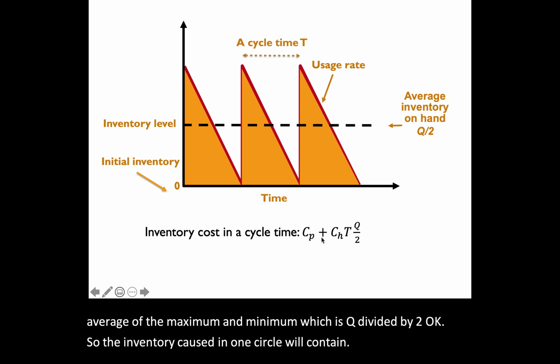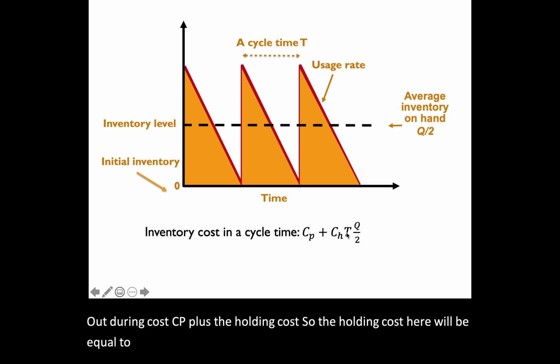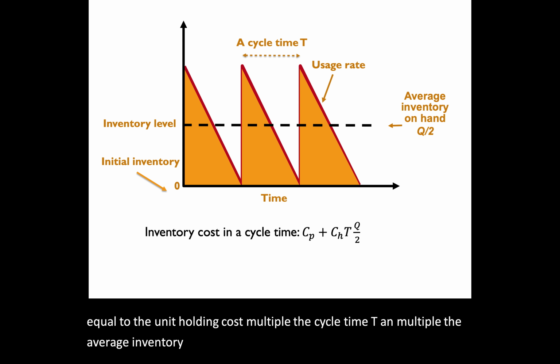Okay? So the inventory cost in one cycle will contain the ordering cost, CP, plus the holding cost. So the holding cost here will be equal to the unit holding cost multiplied by the cycle time T and multiplied by the average inventory on hand. Okay?